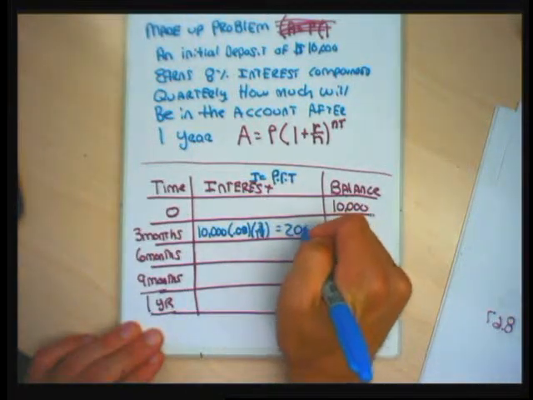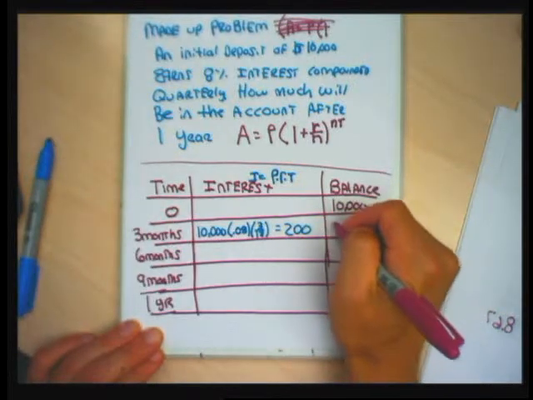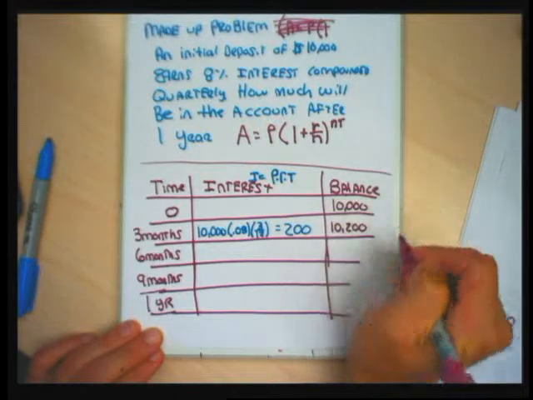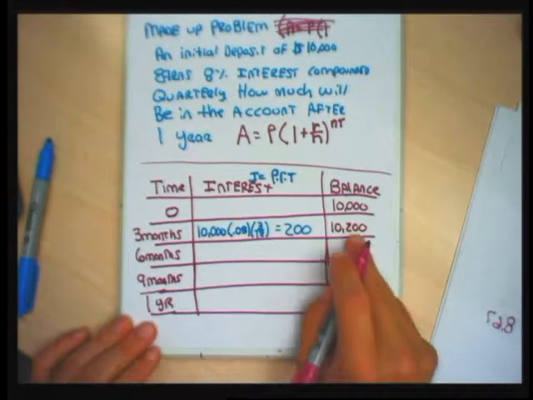What happens to that $200 is it gets added to my account. I add $10,000 to start at the beginning of the year. After 3 months, I'm going to get $200 worth of interest. Interest is compounded, which means my $200 that got deposited into my account as interest starts earning interest.